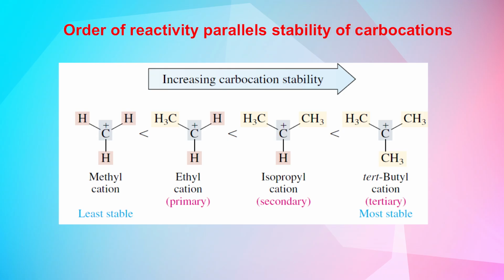These carbocations are stabilized due to the plus I effect of the alkyl group as well as due to the hyperconjugative effect. So if the intermediate being formed is a carbocation, the reactivity of the alcohol will parallel the stability of the carbocation.